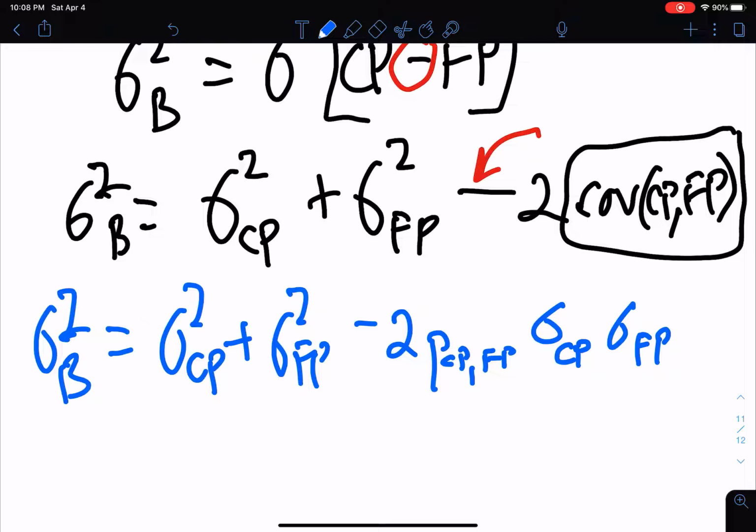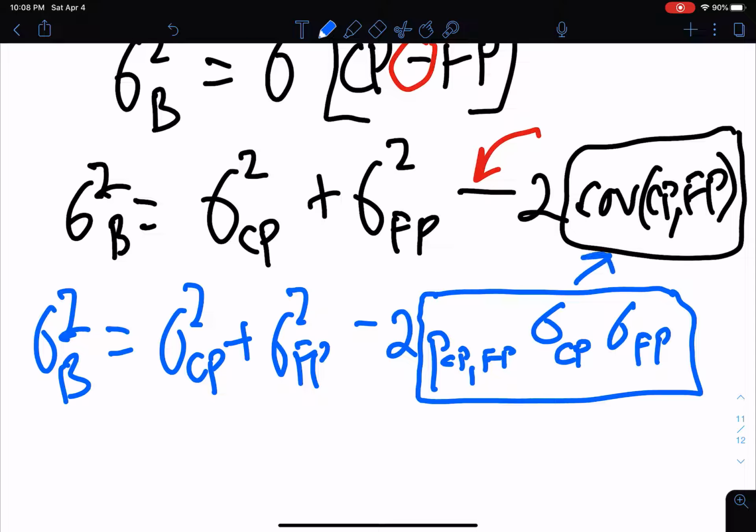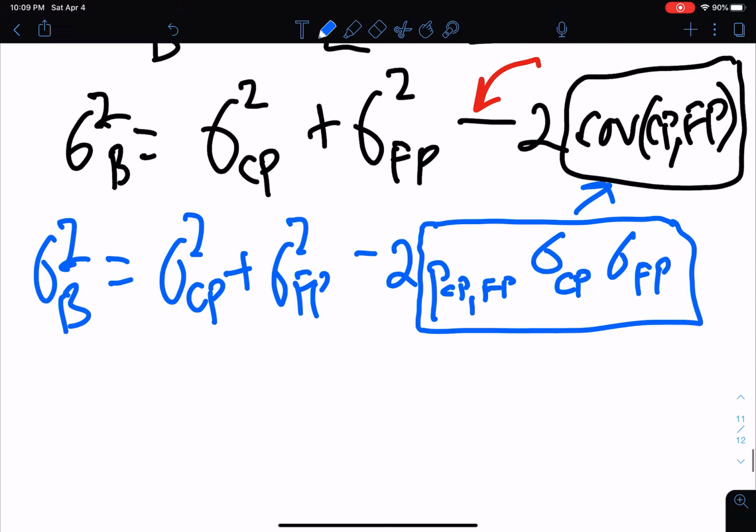So this is our equation where we've plugged in this for this, and it's going to help us make some observations here in a minute.